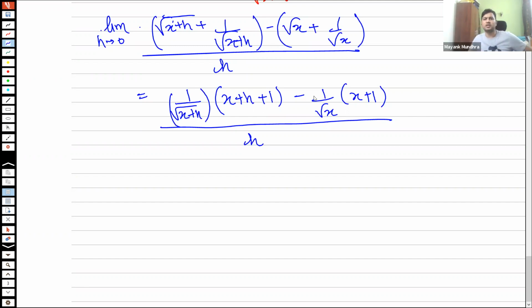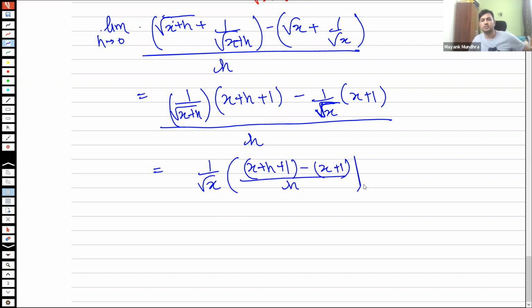Apart from that, okay, root x plus h can be assumed to be equal to root x, right? Because h is tending to 0, so these two things can be assumed to be equal. So it equals 1 by root x times (x plus h plus 1 minus x plus 1) whole divided by h, limit h tending to 0.